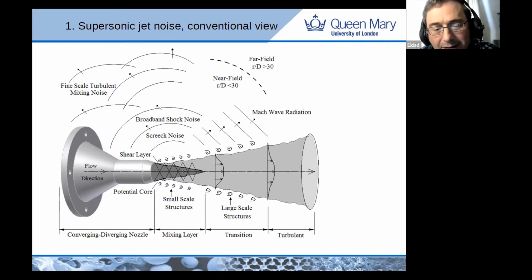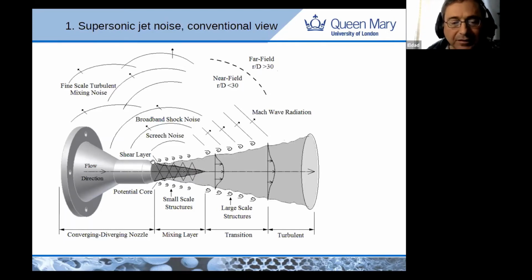But when it's imperfectly expanded, meaning when the pressure at the exit is not equal to the ambient pressure, then the mechanism of nature to balance the pressure is through a diamond structure that we see over here. It can be overexpanded or underexpanded. This shock wave, this diamond structure, interacts with the shear layer, and it creates what we call broadband shock noise that propagates backwards.